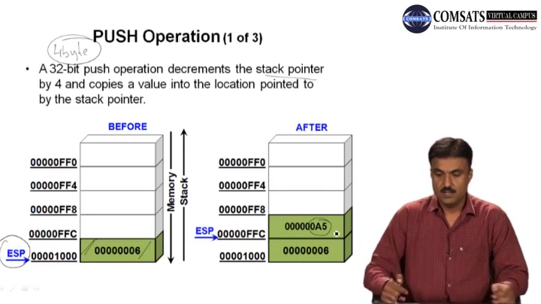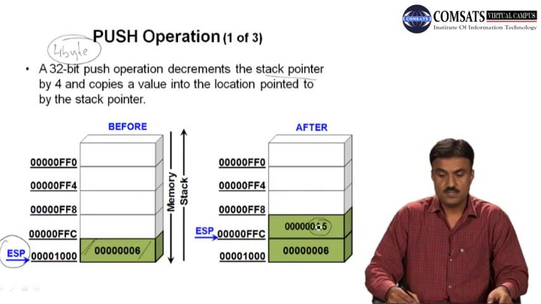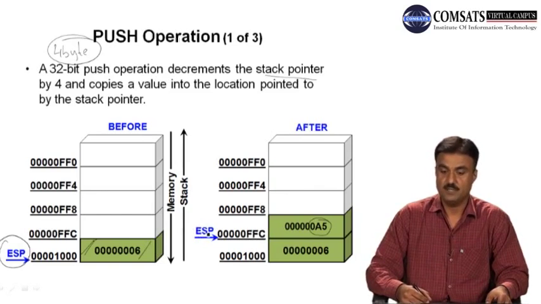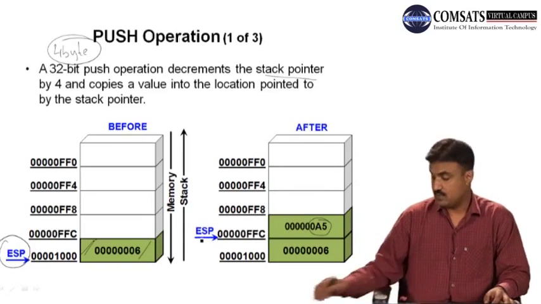So when we push any 32-bit value, it will decrement the address by 4 bytes, and it will store this value at the new location pointed to by the stack pointer register. So this is the push operation.